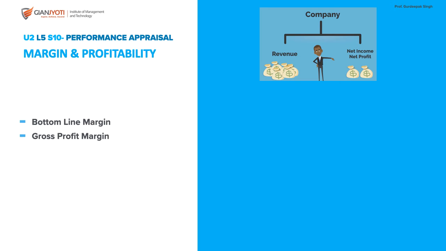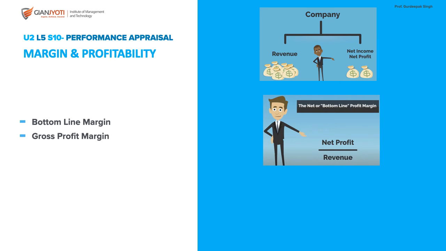Let's talk about margin and profitability. In order to understand the distributor margin in general, let us try to understand what is bottom line margin and what is gross profit margin. For any company, you know the revenue and the expenses or the cost. Then you arrive at the net income, which we call the net profit.